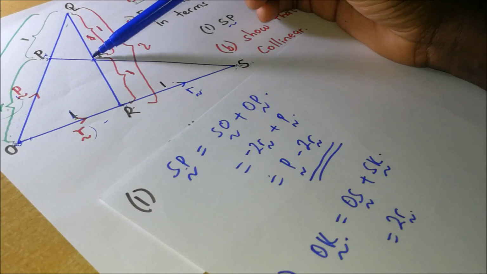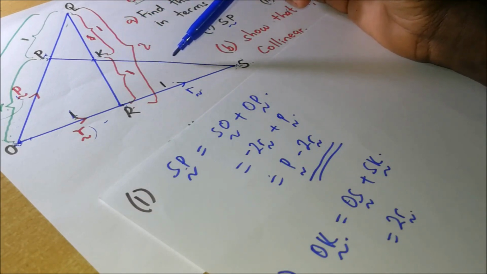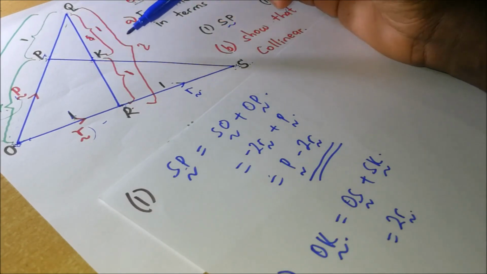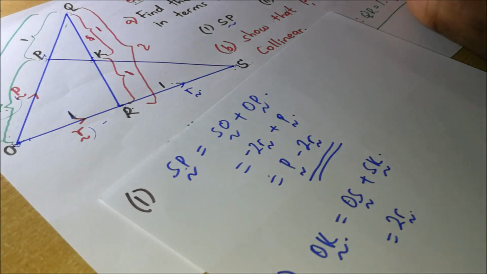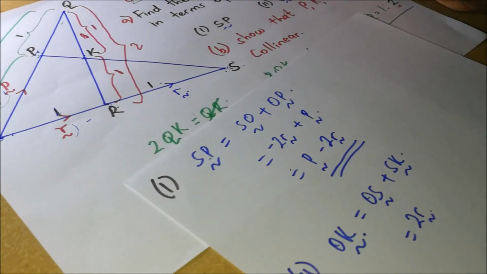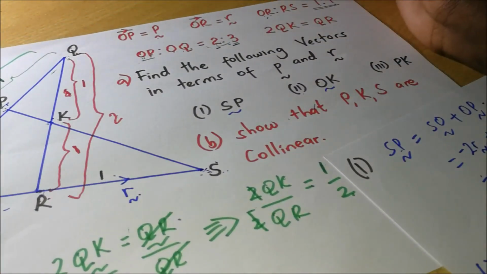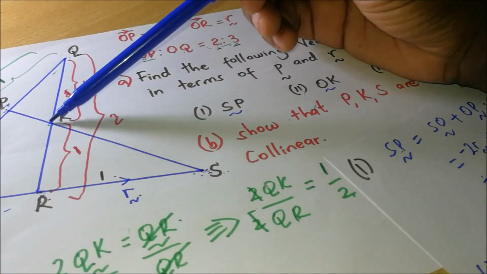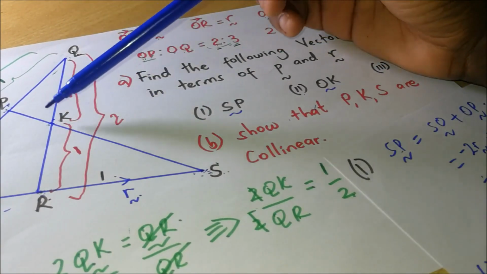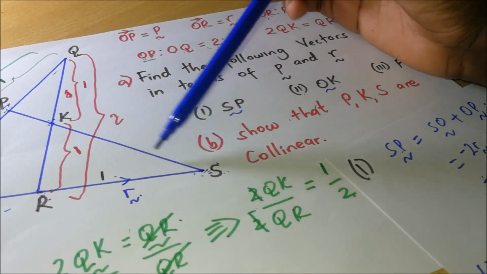This S to K is supposed to be probably a certain scalar of SP. However, according to the information that has been given to us in the question, there seems to be no information about SK. There seems to be no ratios connecting this line.